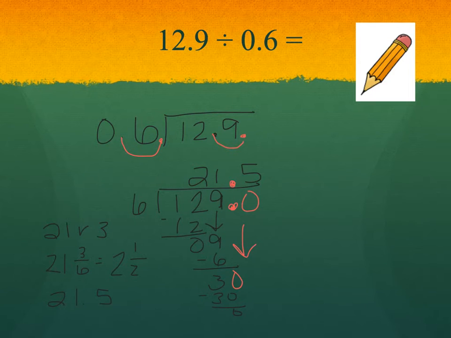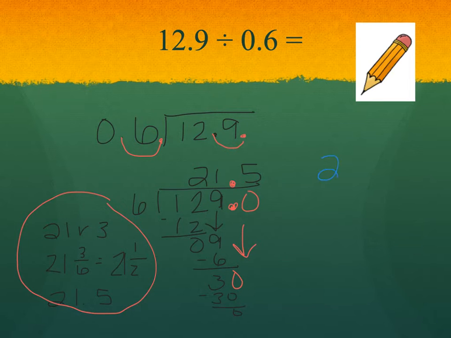Here are 3 different ways that quotient can be written. 21 remainder 3, 21 and 1/2, or 21 and 5/10. Remember to check my answer.